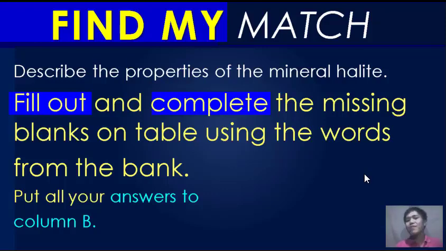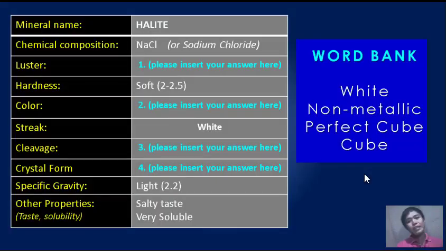So I will be giving you a list of words through our word bank. Then you may use these words as your answers and put them inside the table. So here is our table. This is incomplete because there are 4 items for you to answer. From our word bank, here is the list of words: white, non-metallic, perfect cube, and cube.